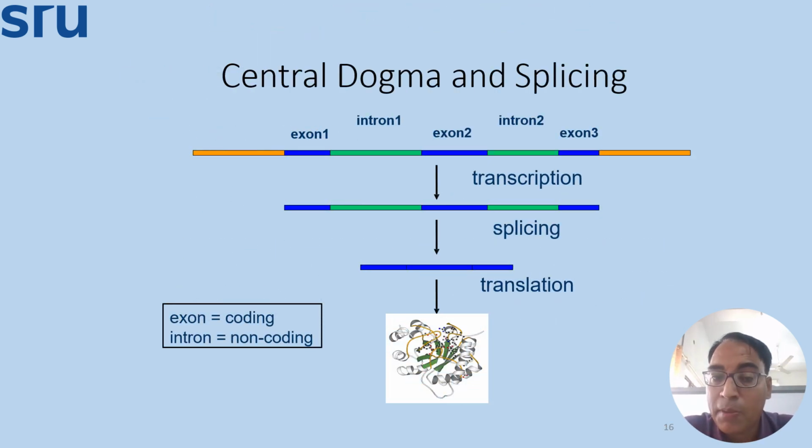This is the part I've been telling you about earlier: exon 1, intron 1, exon 2, intron 2, exon 3. All the exons are coding segments which ultimately produce the proteins. Introns are like base elements.